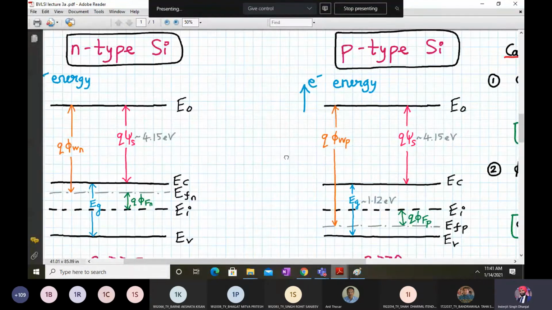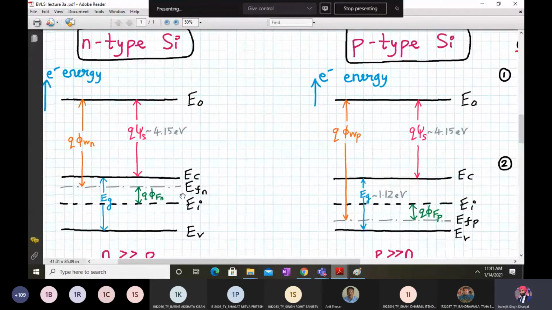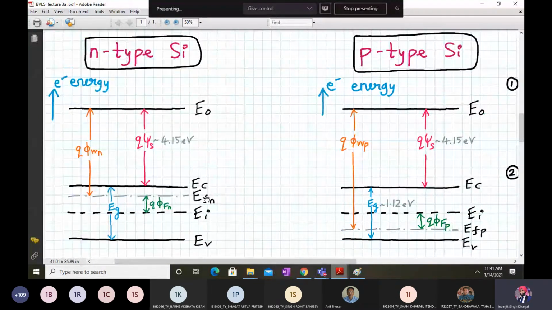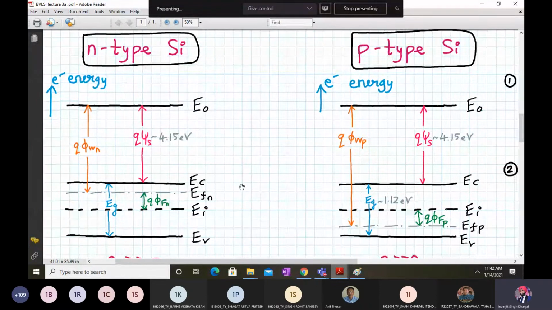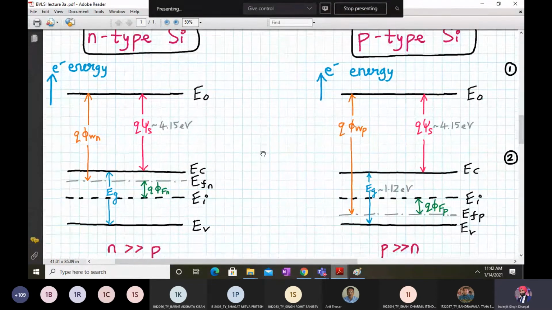So it depends upon the location of the Fermi level. EFN, with suffix N, is for N-type silicon, and EFP is for P-type silicon. Just remember that if the Fermi level is closer to the conduction band, it's N-type silicon, and if it is closer to the valence band, it is P-type silicon.